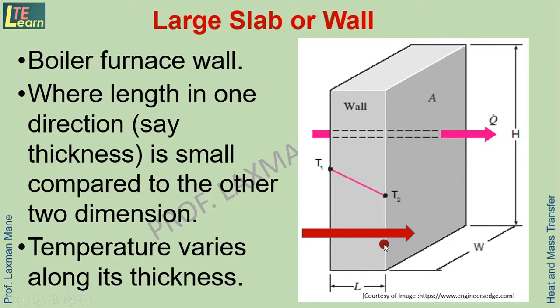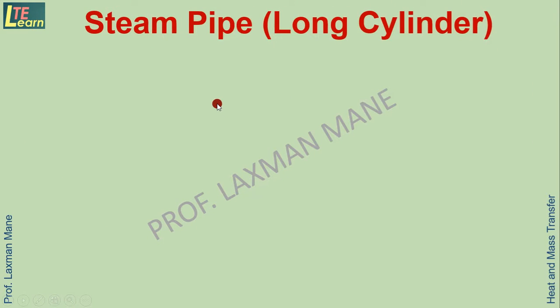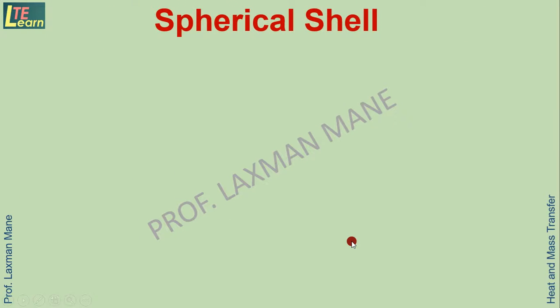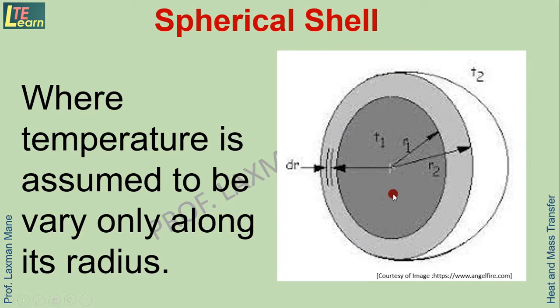In this case, temperature varies along its thickness, that is L. In case of a steam pipe, a long hollow cylinder where heat is passing from inside to outside, temperature is assumed to vary only along its radius. In case of a spherical shell, temperature is also assumed to vary only along its radius.